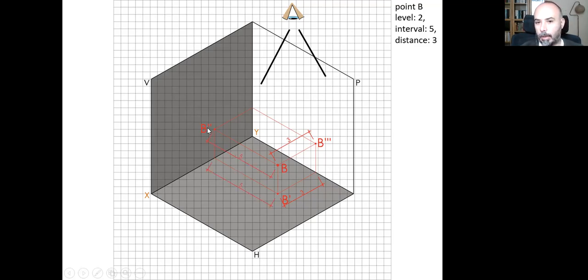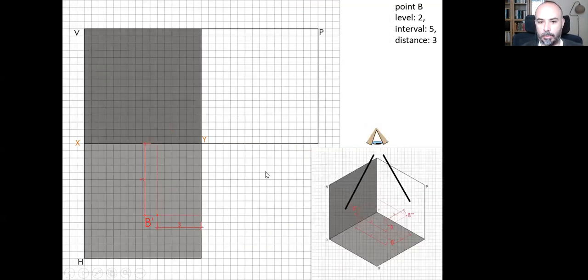And this length here is the interval, 5 squares, and the perpendicular length between point B and the vertical projection plane is equal to the perpendicular length between B prime and the vertical projection plane. They are the same. So I will just use the distance 3 squares and interval 5 squares in order to do my first step of drawing.